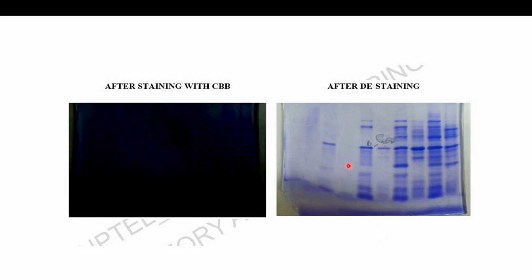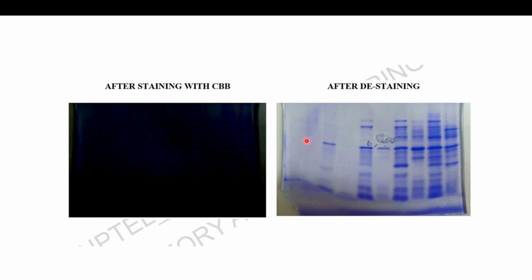When you stain with the Coomassie brilliant blue dye, the gel is totally blue or purplish. You can't really see anything, but eventually when you destain it, you can use methanol or glacial acetic acid, which will destain things faster.